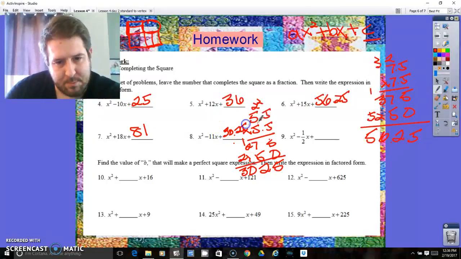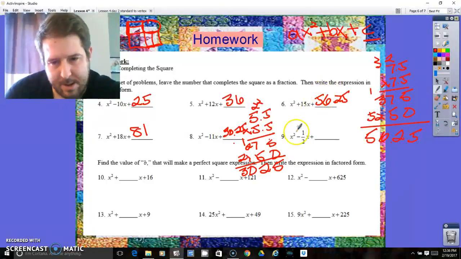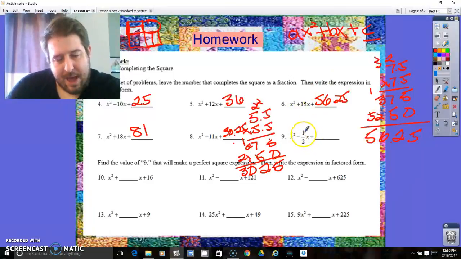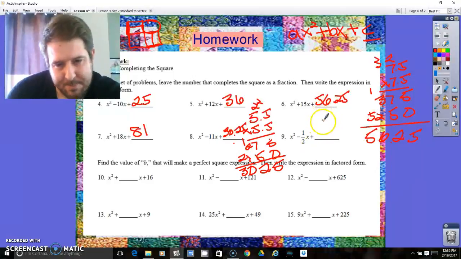I probably messed up somewhere because I can't see my own handwriting. This one, half of 1/2 is 1/4, and 1/4 times itself, that's actually pretty easy. 1/4 times itself is 1/16.